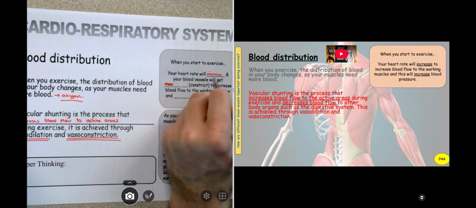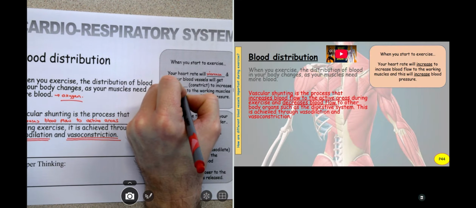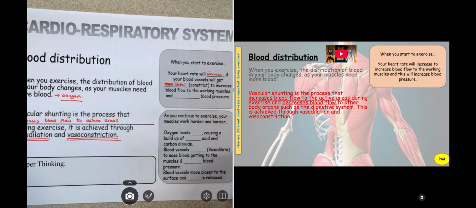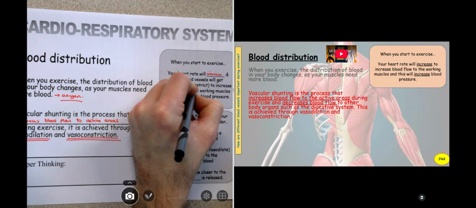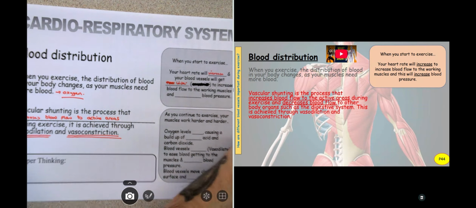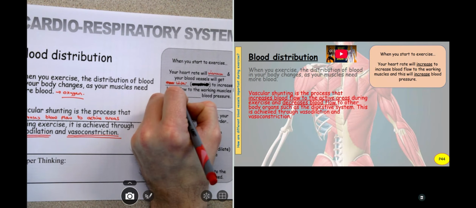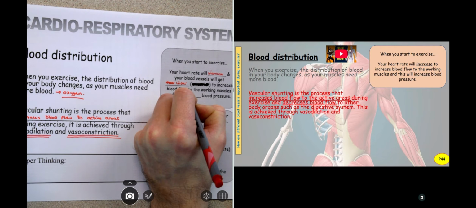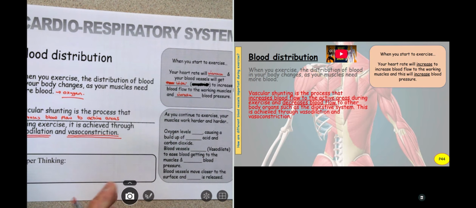So in your booklet we're saying that the blood vessels will get wider to increase blood flow to working muscles, and this increase of blood flow will increase blood pressure.